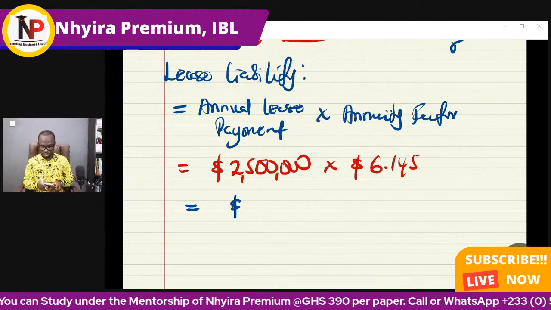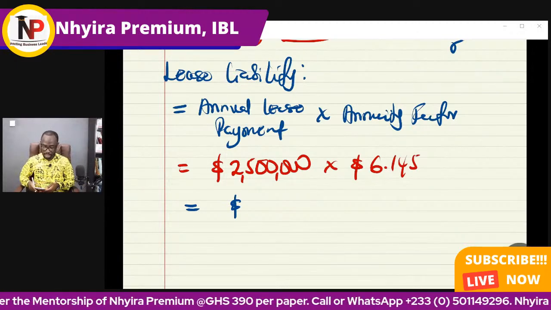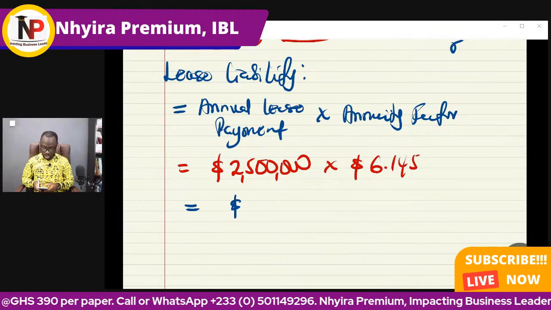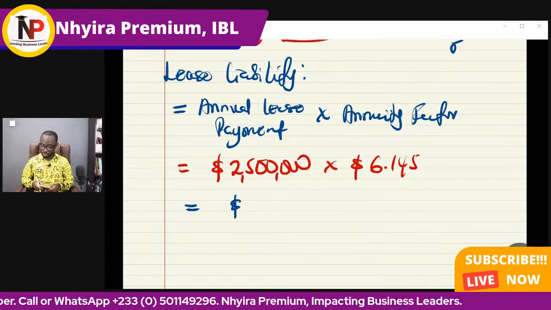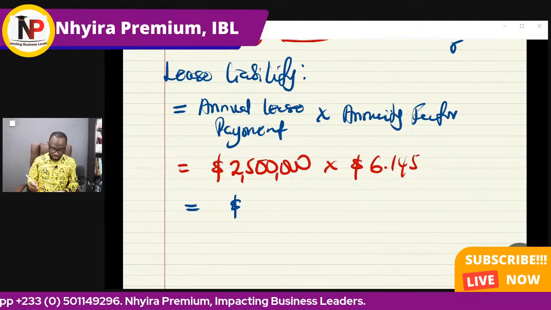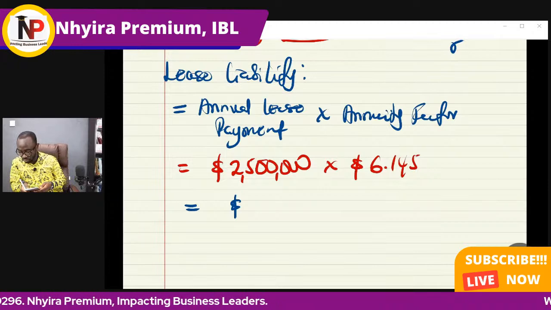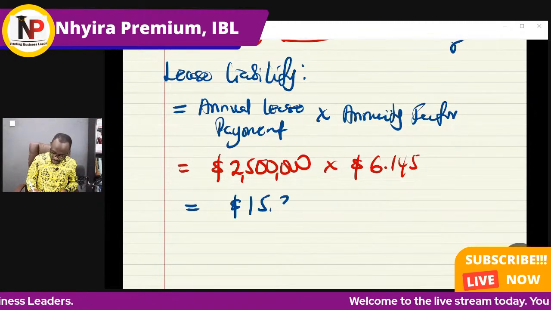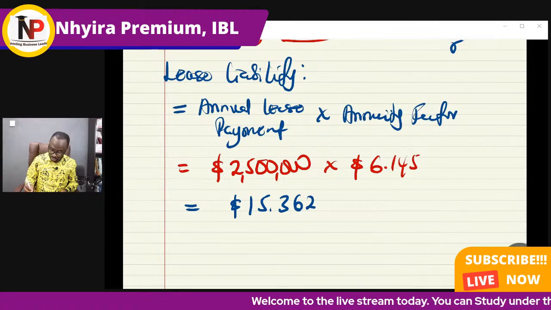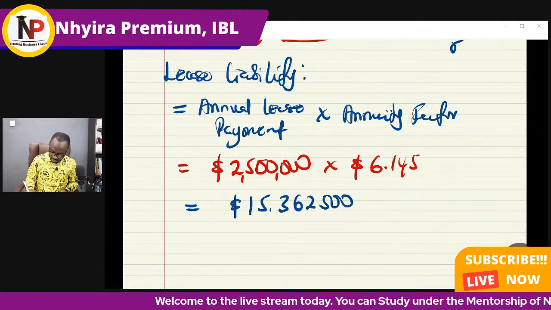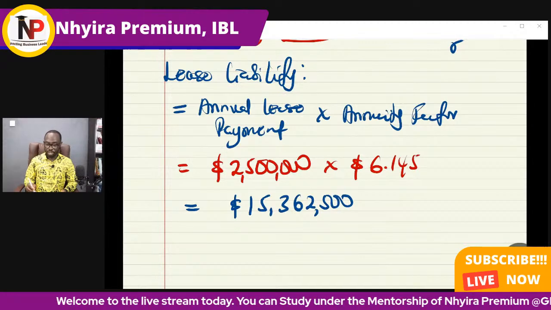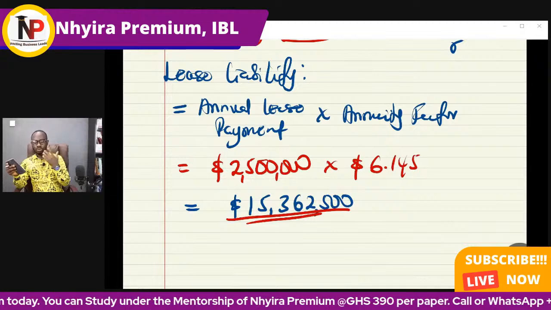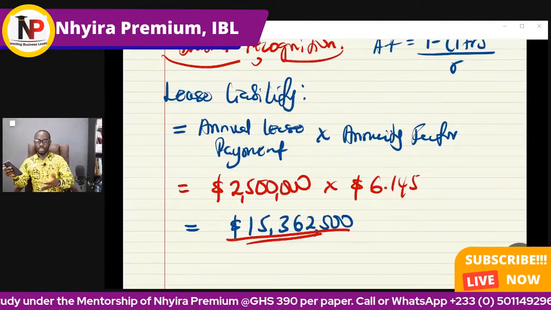Let me grab my Casio calculator real quick. So 2,500,000 times 6.145. I'm getting 15,362,500. So this is the lease liability.